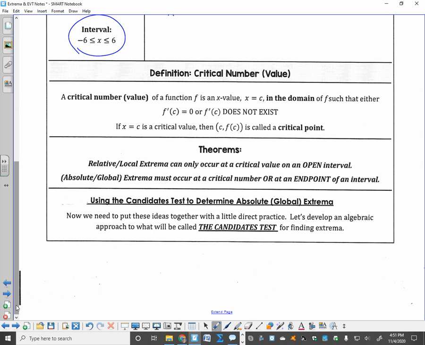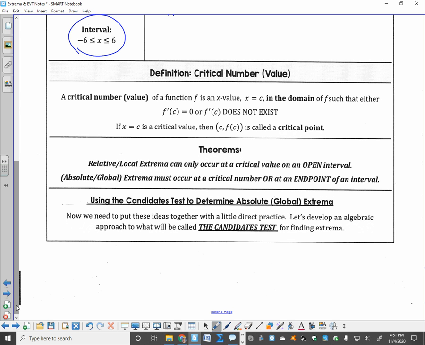Okay, pause. F prime of c equals 0. F prime is the slope of the function at any given point. So we're saying the slope of the function is 0. That's a horizontal line. Well, the tangent line is going to be a horizontal line at tops and bottoms of humps. So a critical number or a critical value is the x value where humps happen.